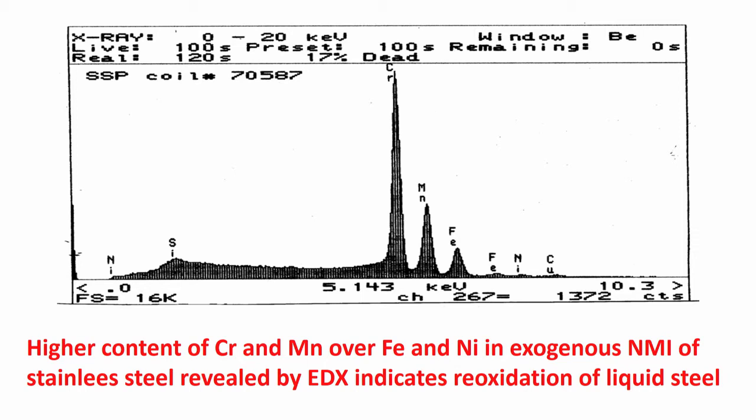What was expected was that iron should be the highest, chromium should be next, then manganese or nickel and other elements. But here, instead of iron, the chromium peak is very high, and the manganese peak is also appreciably high. So, why is this happening? It is happening because the exogenous, non-magnetic inclusion, whatever we have found, indicates reoxidation of liquid steel.